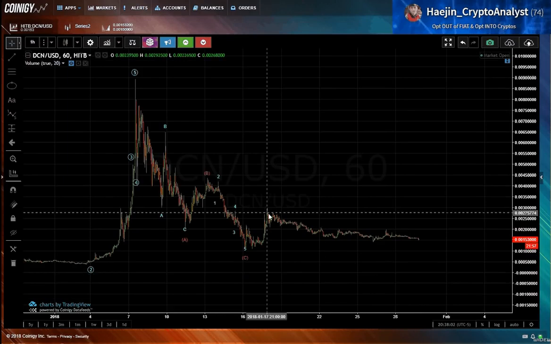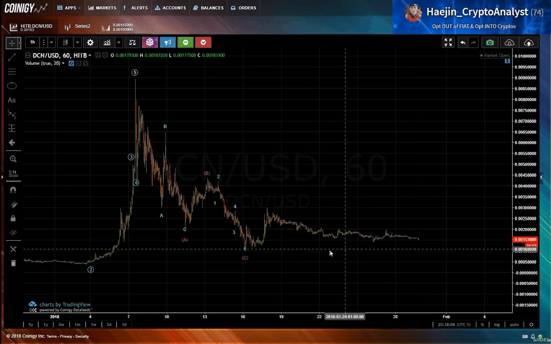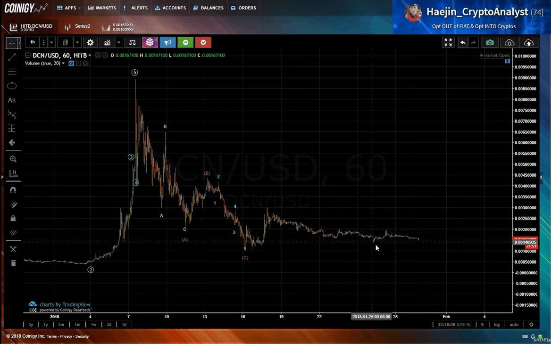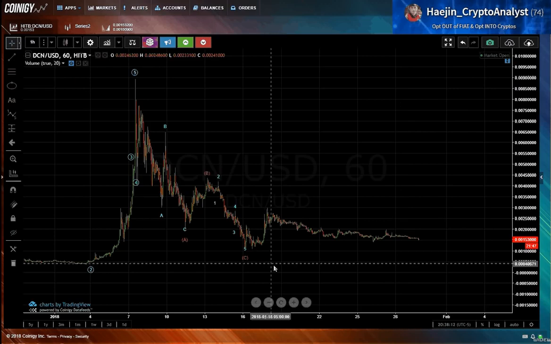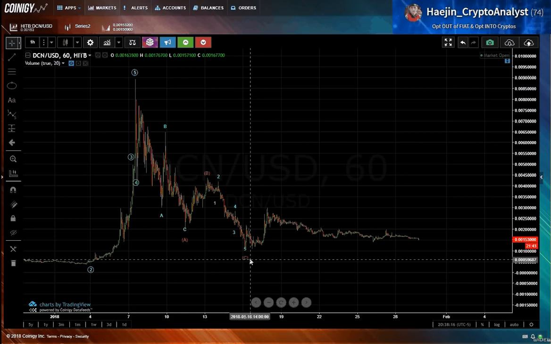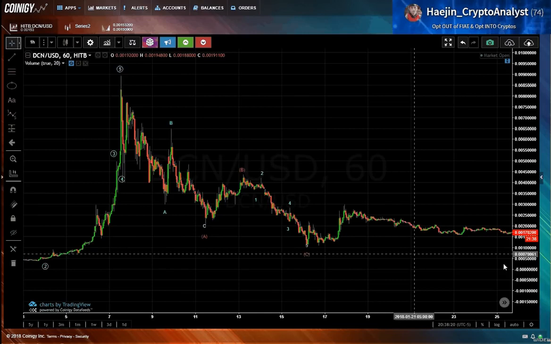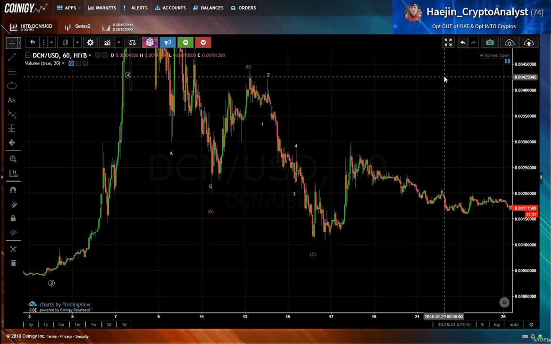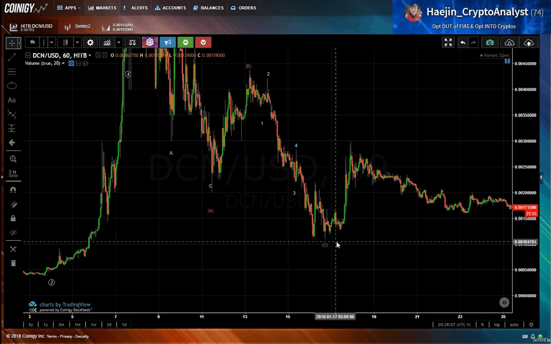What do you do with this? Whenever you see a sideways movement, it's a very corrective movement of the price. If I zoom in on this one, did we have a bit of a breakout here? Let me see. The lowest bottom is right here.